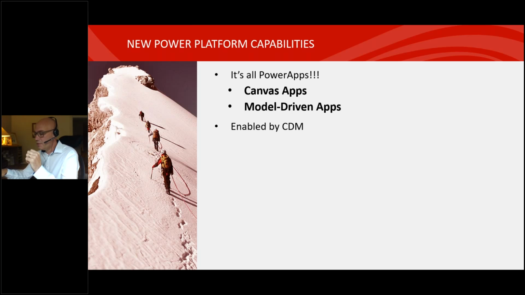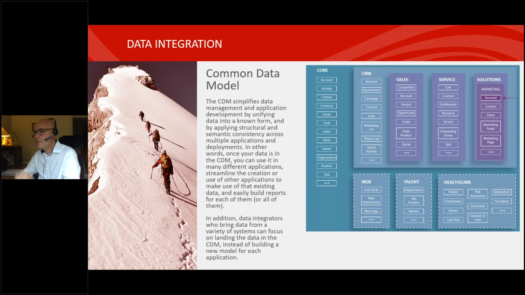So common data model then. Okay, so the common data model is exactly as it might sound, really. It's a new place where Microsoft is going to be storing the data for our Power Apps, our Dynamics, our canvas, our model-driven apps.